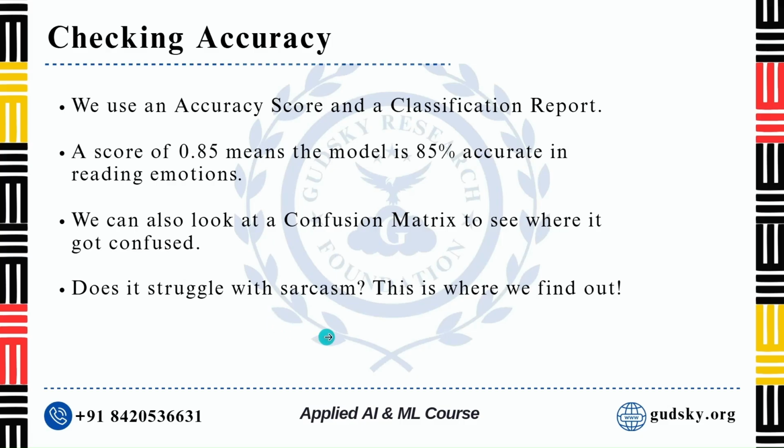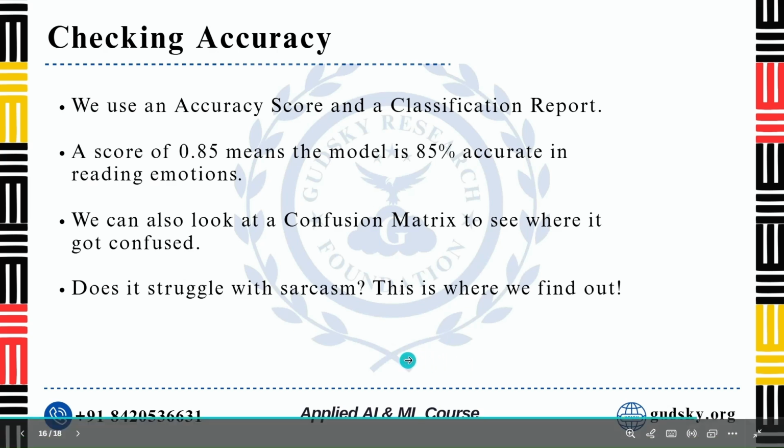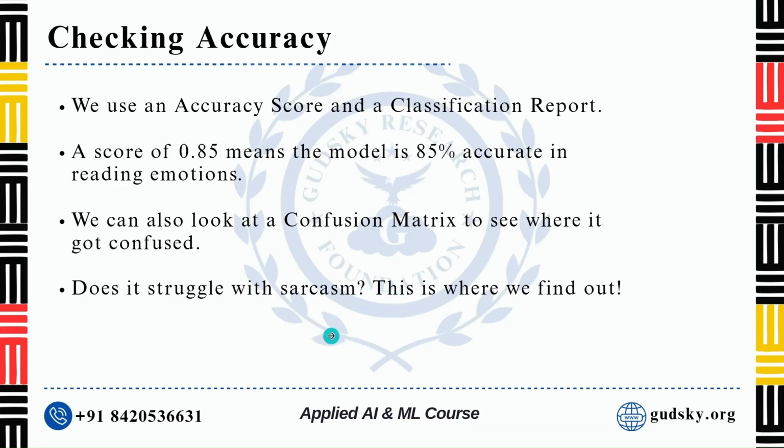If we get 85%, it means our model correctly guessed the emotion 85 out of 100 times. We also look at the confusion matrix to see if the model is accidentally labeling sad things as happy. This helps us improve our model later. So let's go to our coding section and check all of this. Then we'll come to the presentation again.